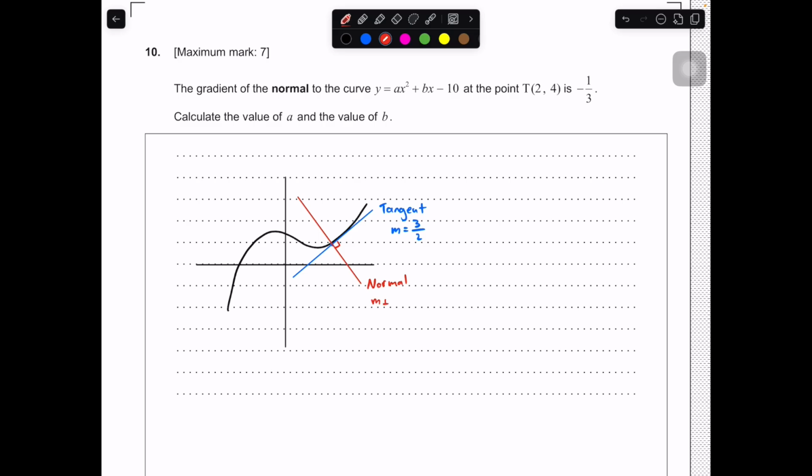So if we know the slope of a line is 3/2, what is m perpendicular? Remember, the trick to this was switch the top and the bottom and multiply by -1. So in this hypothetical case, the normal to a given curve would be -2/3. And that would be the slope of the normal to a curve.